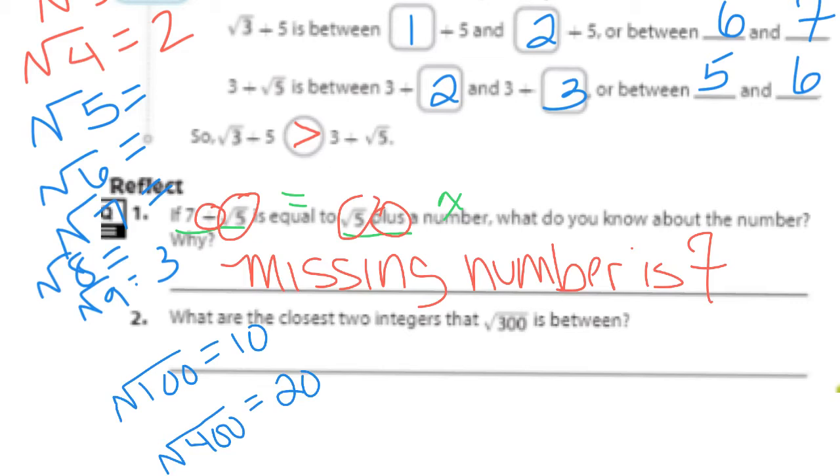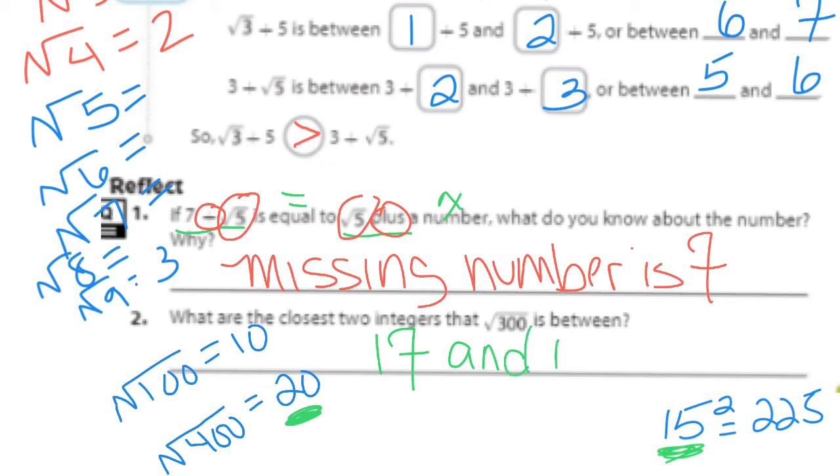So I know I'm between 10 and 20. So if I think about what 15 squared is, 15 squared is 225. So I know my answer has to be between 15 and 20. So just by a matter of elimination, I know it's between 17 and 18.